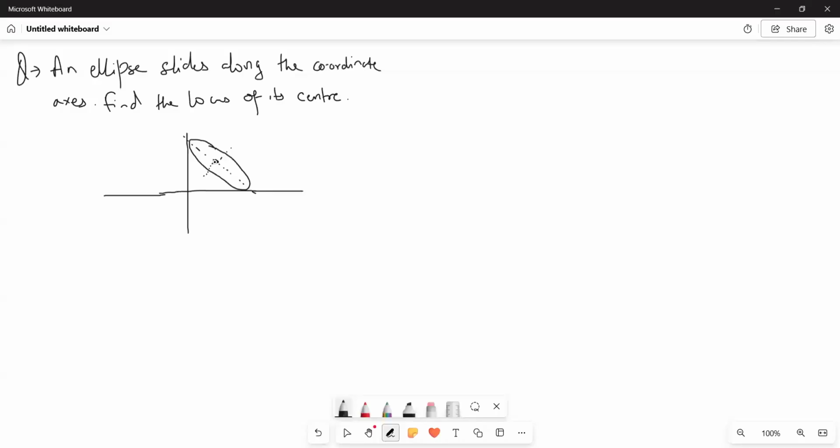So in that case, we have to find the locus of the center of the ellipse. Anyone?